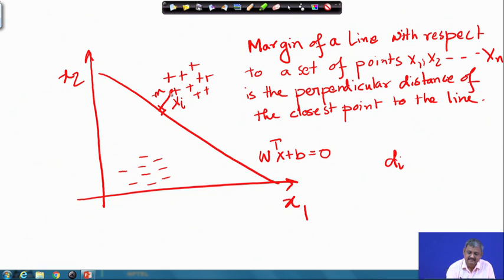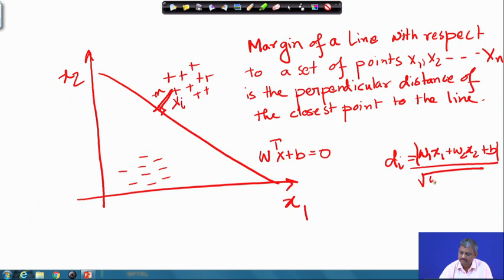From a point xi to a line w transpose x plus b, it is the absolute value of w1 x1 plus w2 x2 plus b, divided by the norm of w. This is the perpendicular distance, and the margin is nothing but the minimum of this over all i.